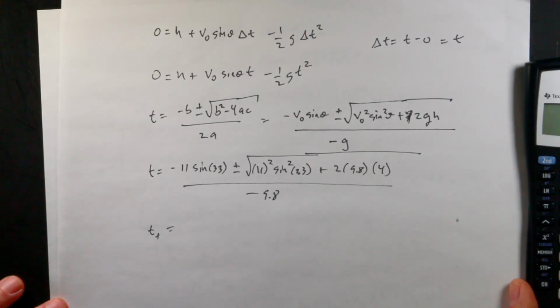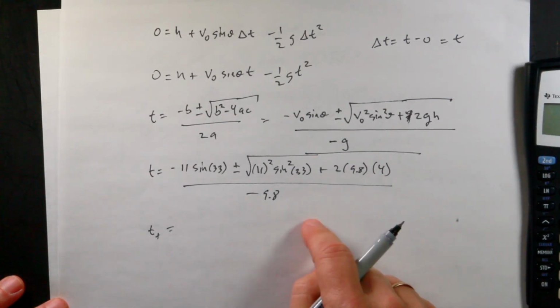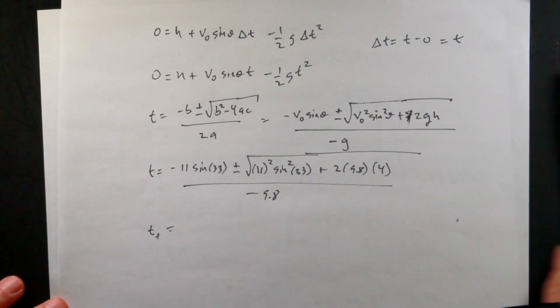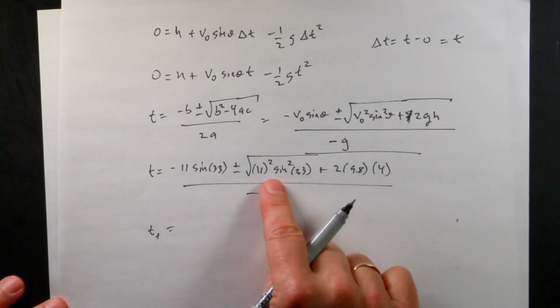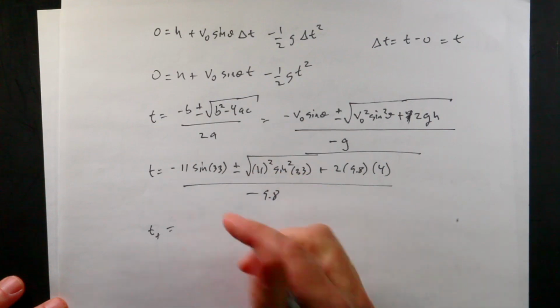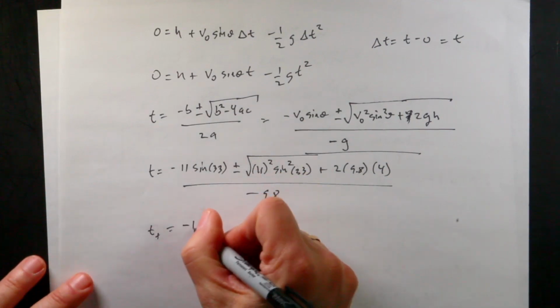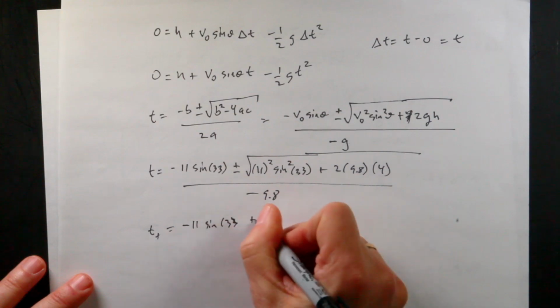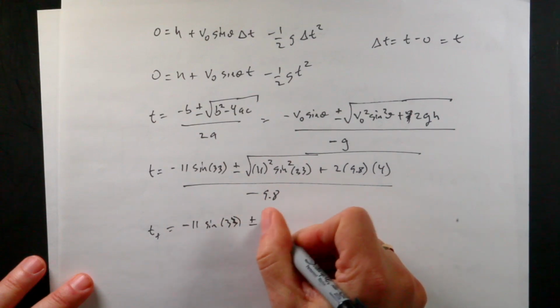Okay, I'm going to do this in Python, because I just don't like typing all that stuff in. I wonder if I did a square root of a negative there. Let me just do this part right here. I don't want to give up completely. So let's say negative 11 sine 33 plus or minus this number.